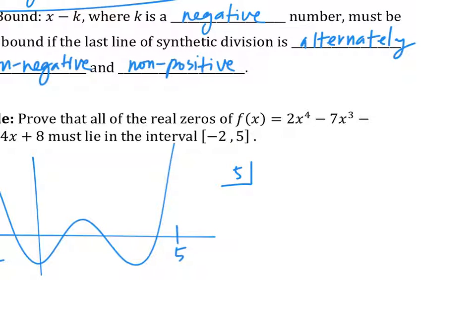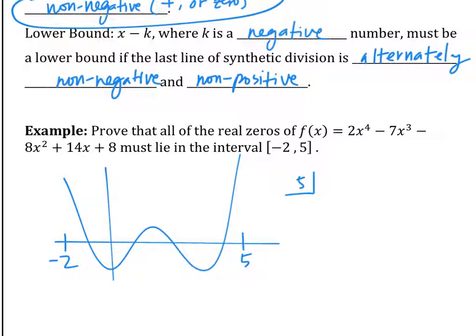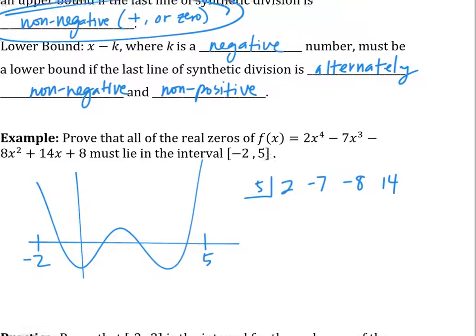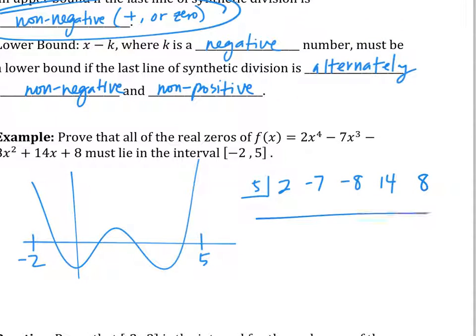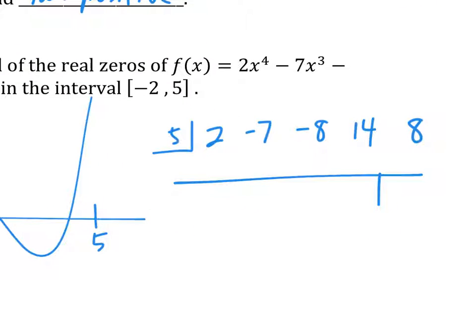If 5 truly is an upper bound, we put 5 in the synthetic division. Let's divide it out. Okay, 2, -7, -8, 14, 8. Let's do this. 2, 10, 3, 15, 7, 35, 49.